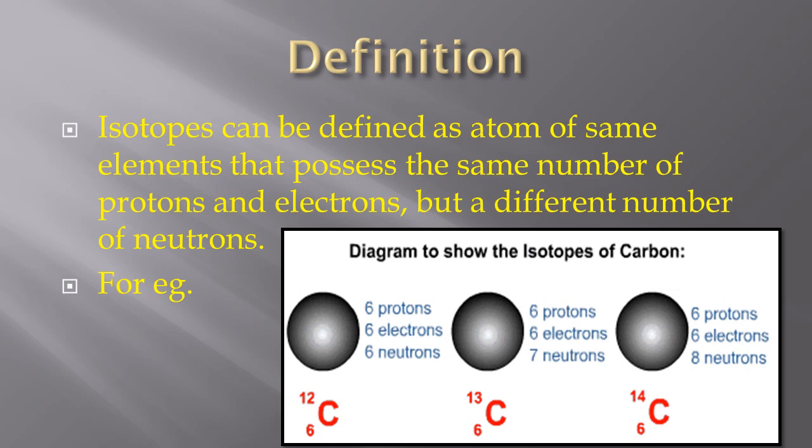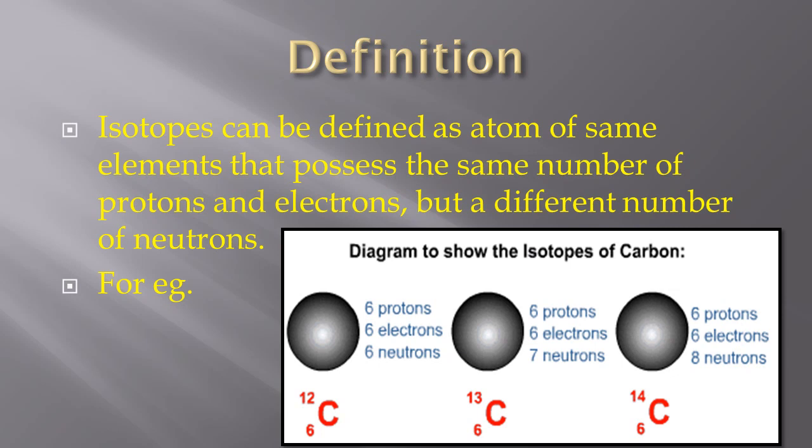Now students, on the C, in the upper part, 12, what is it? It is the mass number. Now what is mass number? It is the number of protons plus neutrons, so it will be 12. And 6 is the atomic number, that is Z, the number of protons.